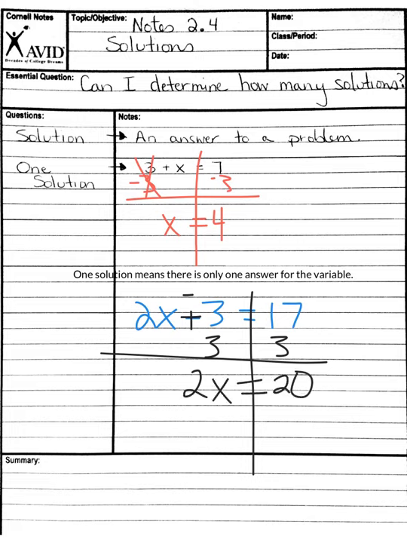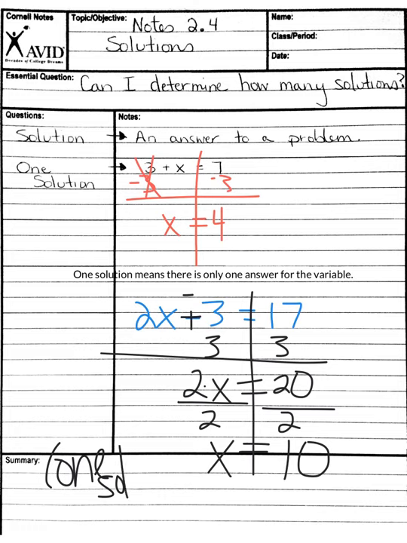This is 2 times x, and the inverse of times to get x by itself is divide, which we can represent with a fraction bar. We divide both sides by 2, and we get an answer of 10. This is a one solution because there is one answer that will work for this equation, and that one answer is 10.